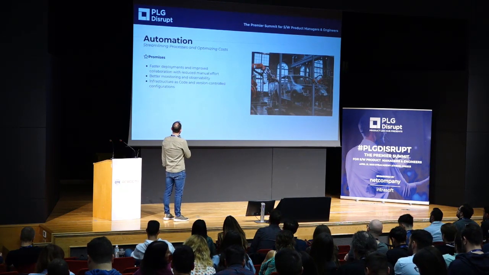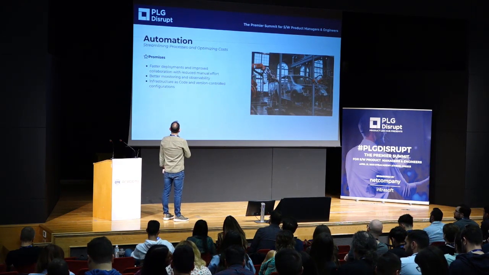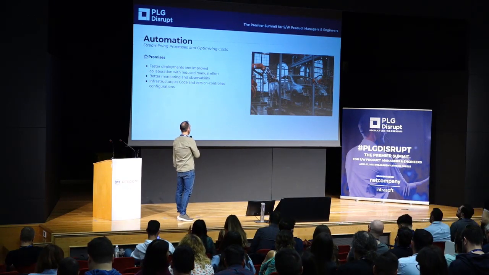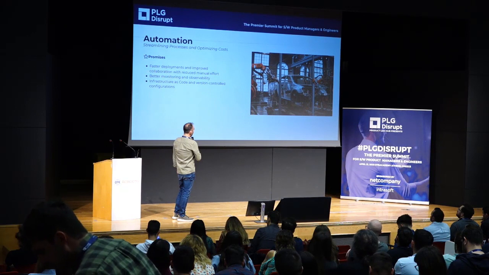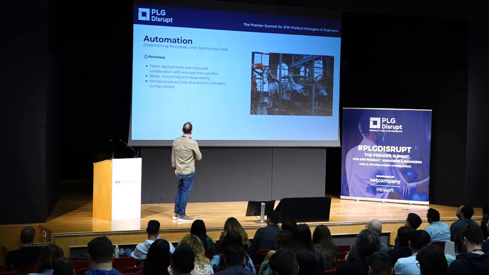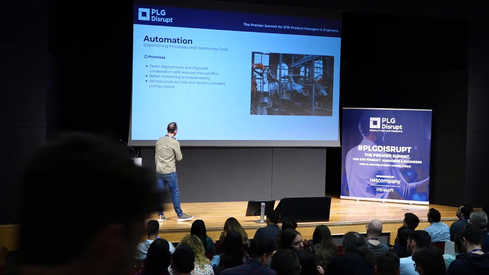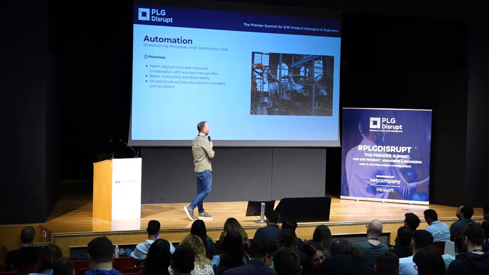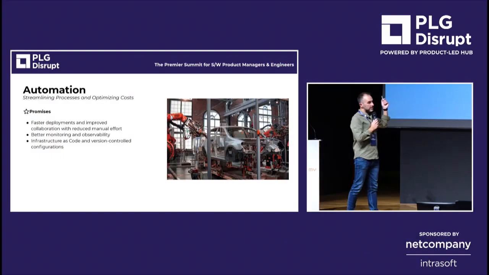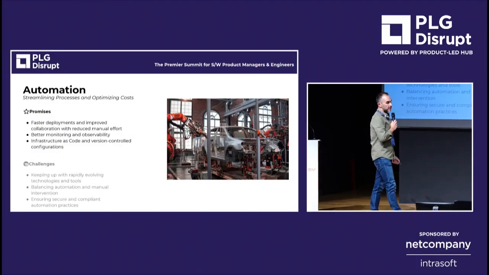And last, the automation, which promises faster deployments and improved collaboration with reduced manual effort between the teams, better monitoring and observability, infrastructure as code and version control configuration, and can promise us a more streamlined process and optimized costs for our business.